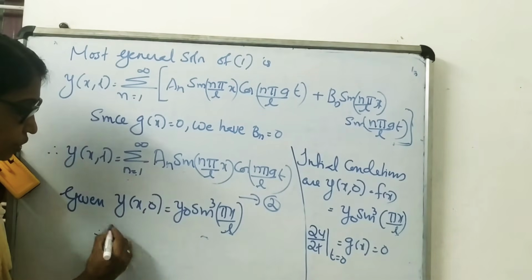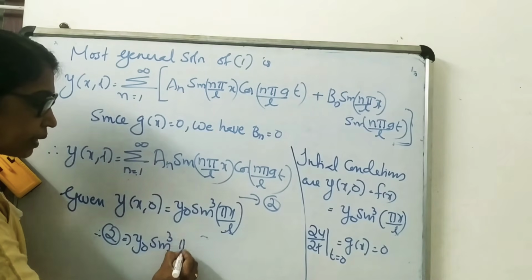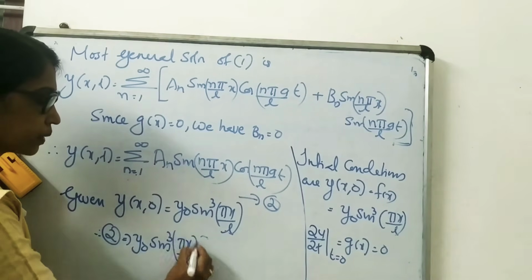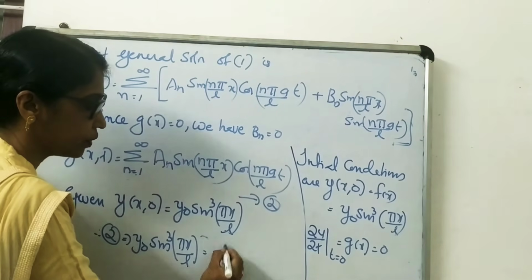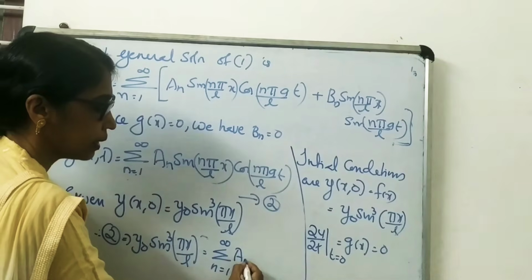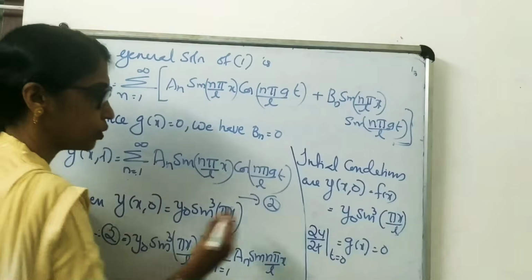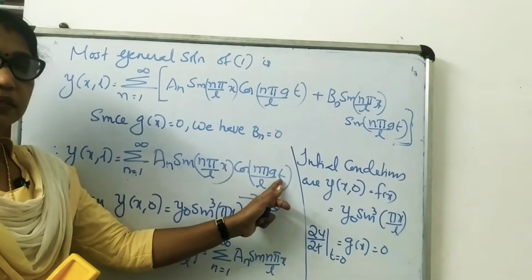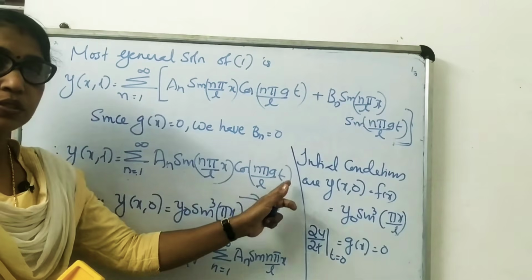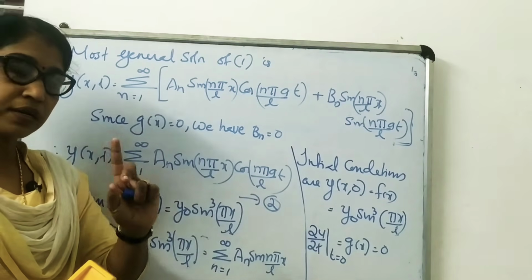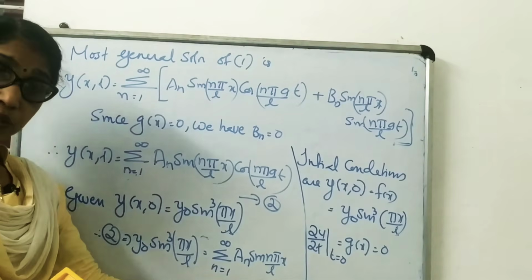Therefore equation 2 becomes y0 sin cube(pi x / l) equal to sigma n equal to 1 to infinity a_n sin(n pi x / l) cos 0. Since t is equal to 0, this term becomes cos 0, and the value of cos 0 is 1. So the equation reduces to this form.